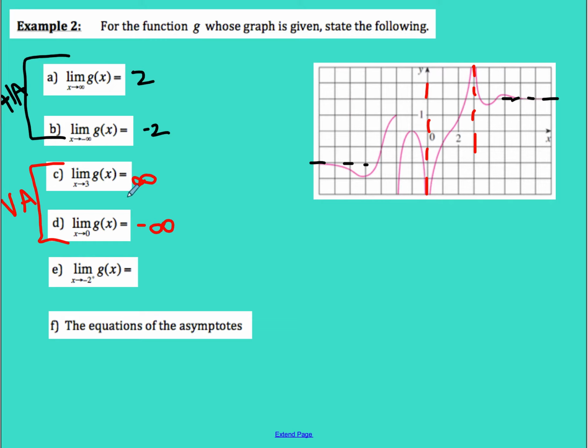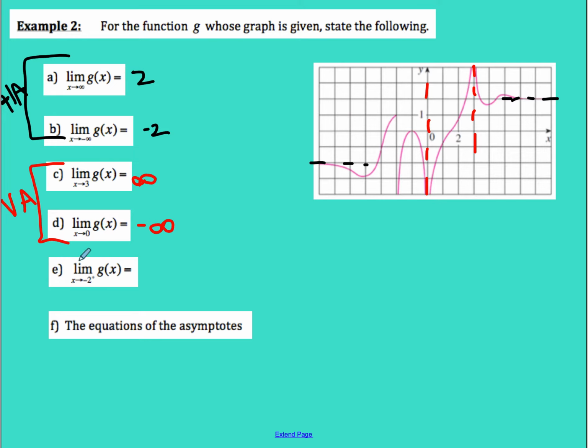If it has one infinity involved, if your x has an infinity or your answer is an infinity, it's some form of an asymptote. So you just need to start thinking through what kind of asymptote it is. If you're looking as x goes to infinity, all the way to the right or the left, those are your horizontal asymptotes. And here you get y values that are infinity, so those are vertical asymptotes.